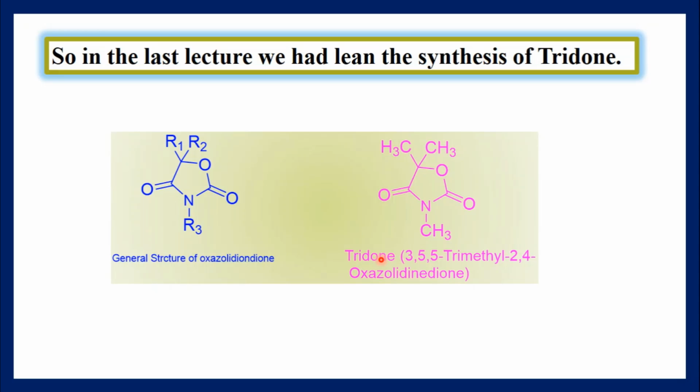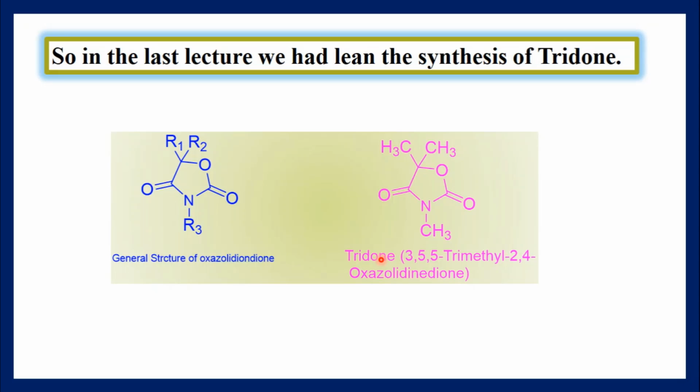The nucleophilic attack of CN minus takes place in the first step, and you get the cyanohydrin. Then that cyanohydrin on reaction with sulfuric acid in presence of ethanol, followed by hydrolysis and esterification, gives ethyl dimethyl glycolate.